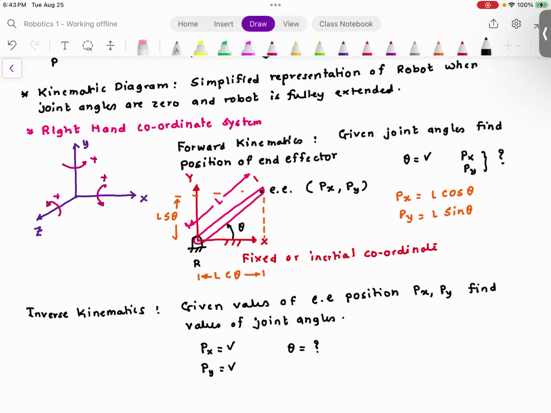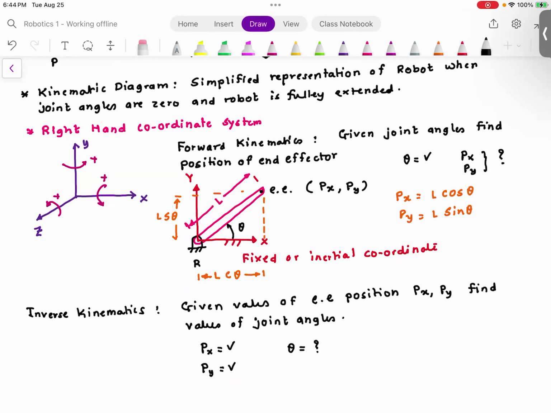Now, please try to understand. The forward kinematics problem can be solved, which means you substitute the value of theta and get the value of Px and Py. But the inverse kinematics problem may have a solution, may have multiple solutions, or there may be no solution.